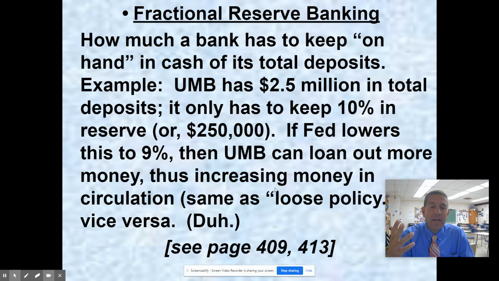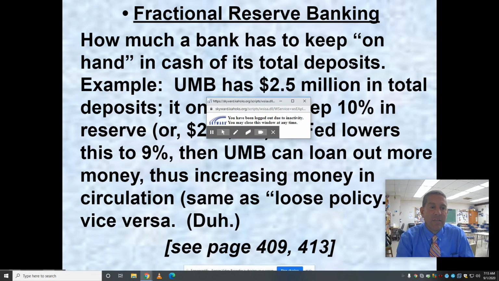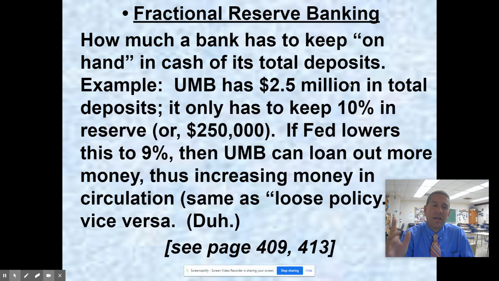And they end up not being able to cover depositors, me coming back and wanting money, and then it leads to crisis. So the government, through the Fed, stepped in over time and said, we're going to set reserve requirements ourselves. We're going to tell the bank that it has to keep a certain amount of money here.